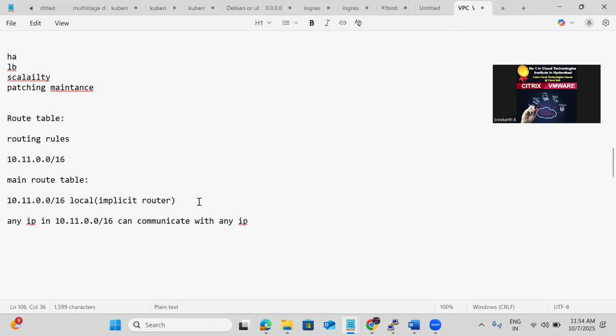So the route table is going to configure the routing rules within that subnet or VPC. Based on these rules, routing is going to happen. And what is the default one?